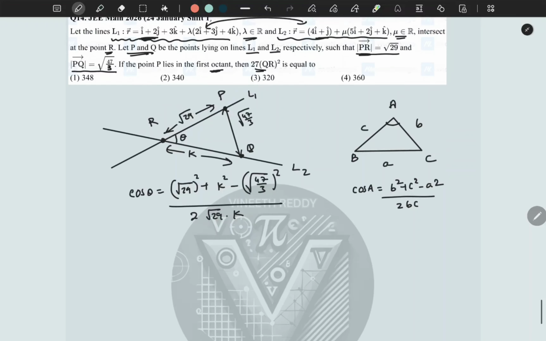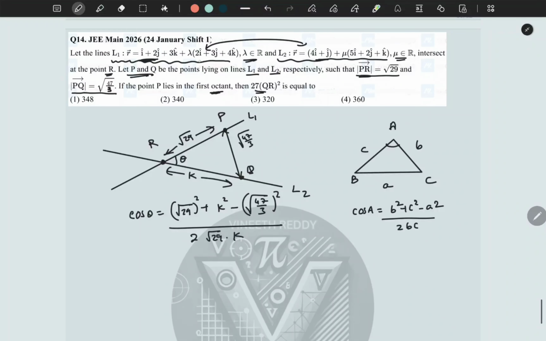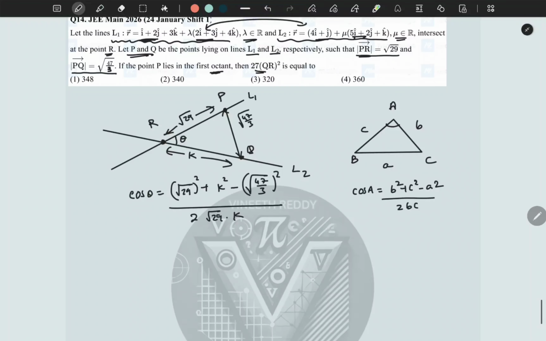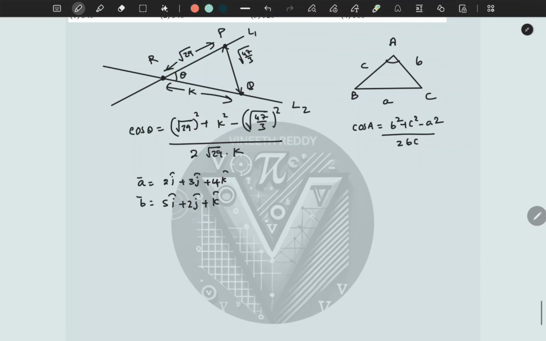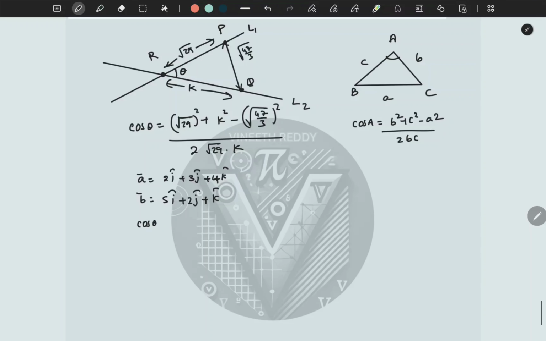Now, can we find cos theta? We can definitely find the angle between these two lines. So cos theta will be, what is vector A? Direction of the first line is 2i plus 3j plus 4k, and direction of the second line, B bar, is 5i plus 2j plus k. Now cos theta is A dot B by magnitude of A into magnitude of B. If you want the acute angle, you can take modulus.